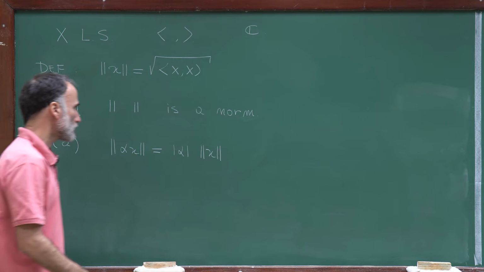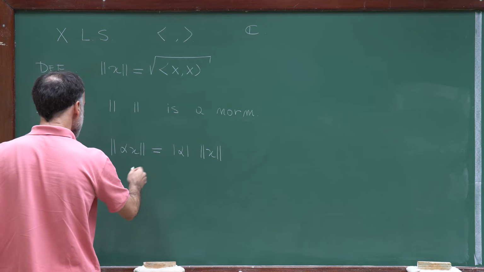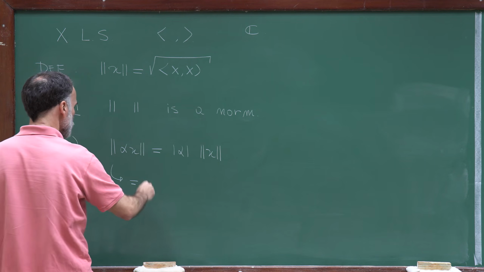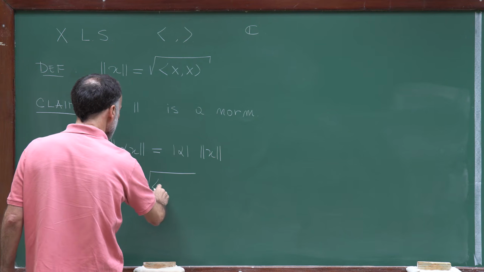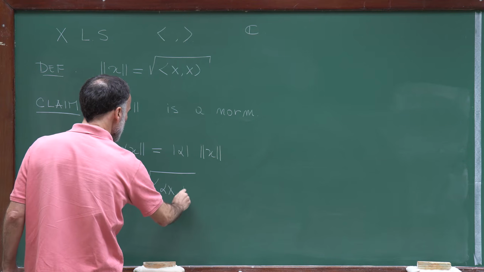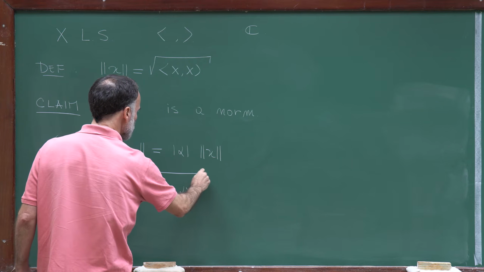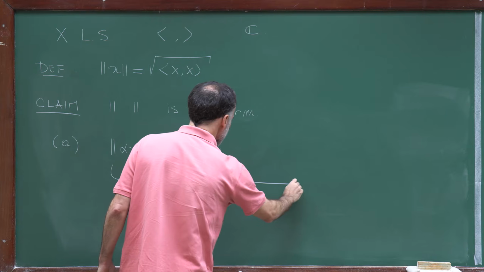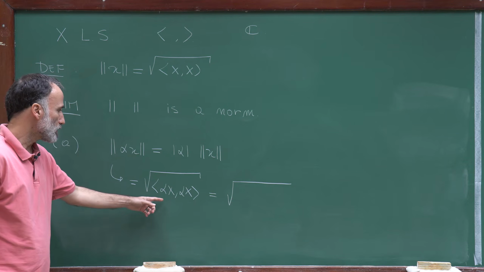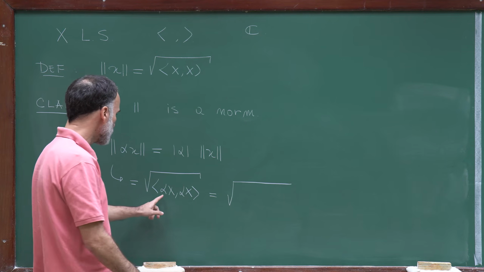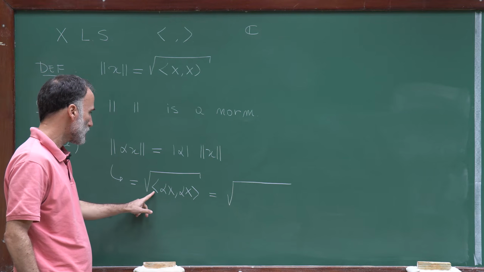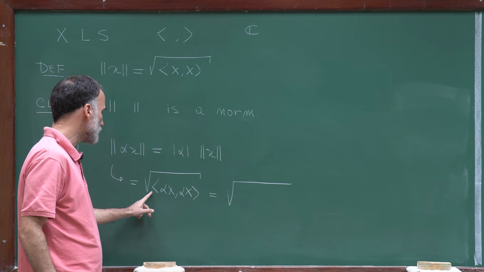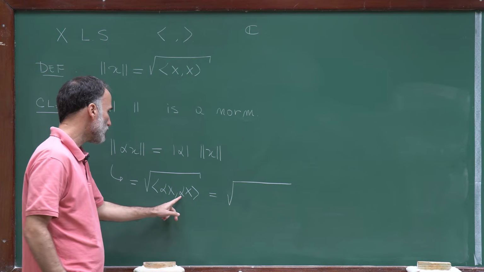So let's check this. By definition, this is equal to the square root of (αx, αx). Now, by using the first property of a scalar product, we know that this α goes out by linearity, and by skew linearity, we get here the complex conjugate of α.